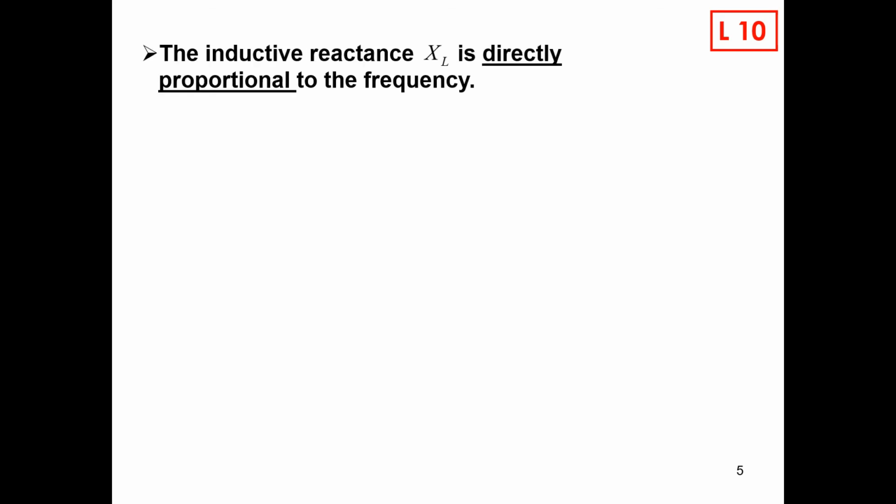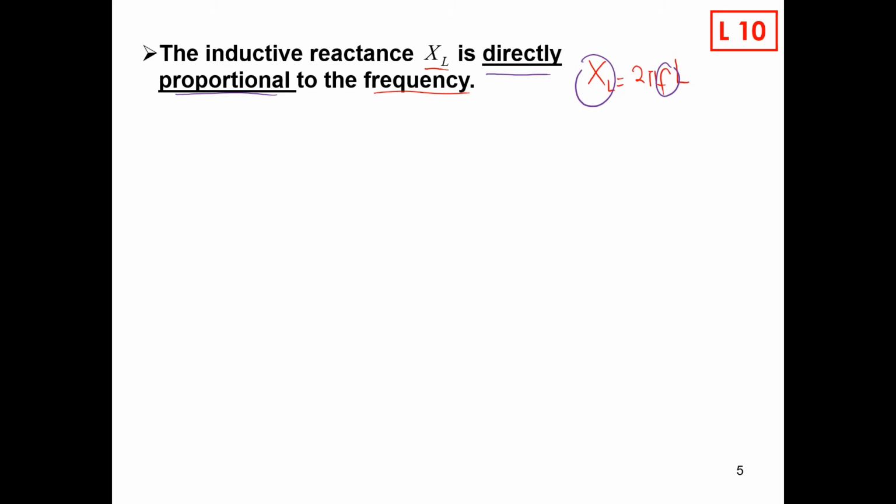Inductive reactance XL is directly proportional to the frequency. How can you see the relation between XL and frequency? It is from the equation of XL. XL is equal to 2 pi fL, right? So XL and frequency are directly proportional.